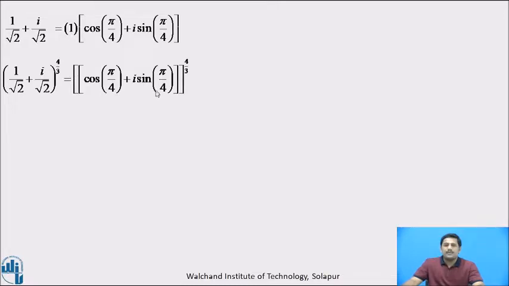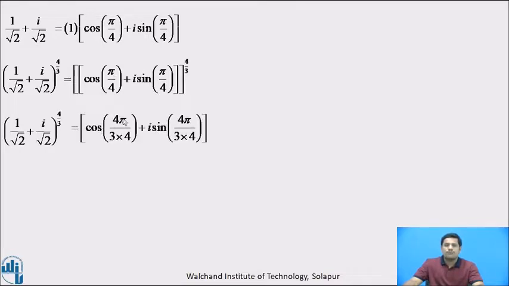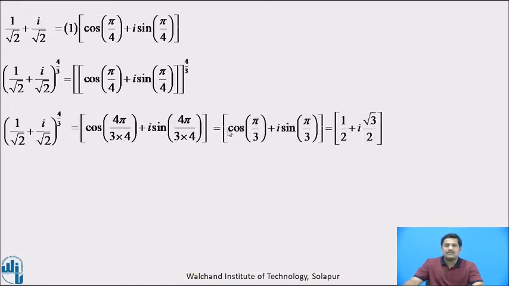Now applying de Moivre's theorem, that is bringing the power of the bracket to the coefficient of the angle, we get cos of 4 pi by 3 into 4 plus i sin of 4 pi by 3 into 4. Now cancelling the 4 here, we get cos pi by 3 plus i sin pi by 3. And we know the value of cos pi by 3 is 1 by 2 and sin pi by 3 is root 3 by 2. So this is the value of this complex number.